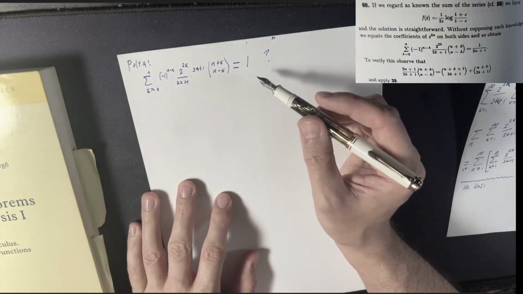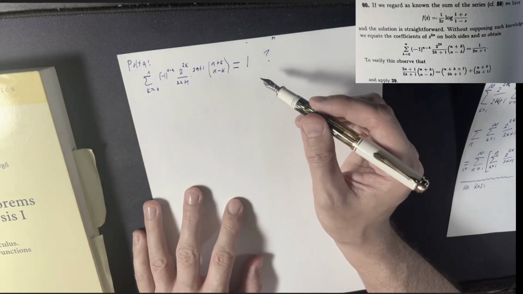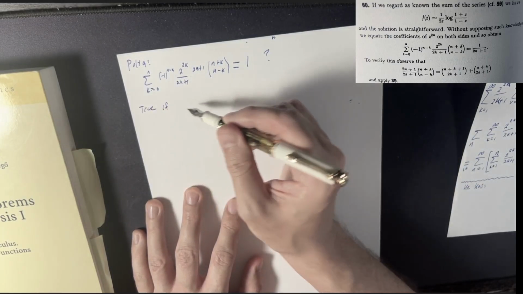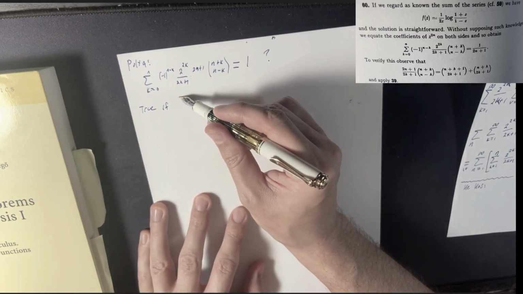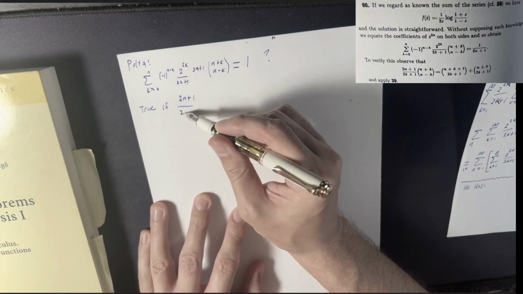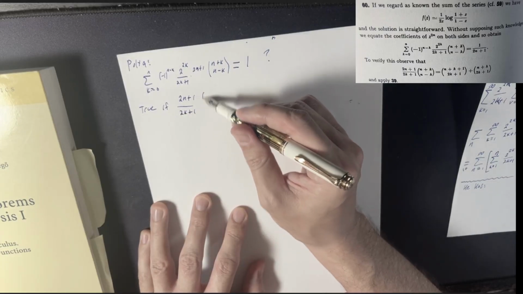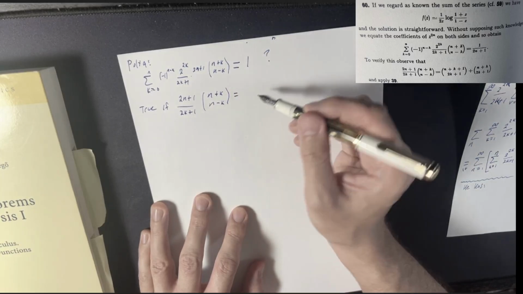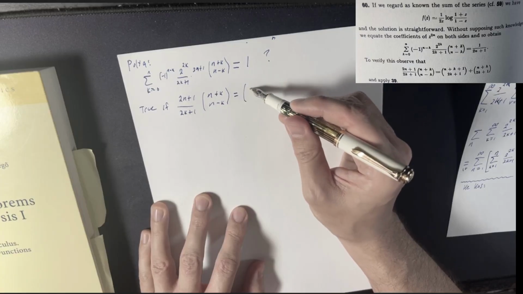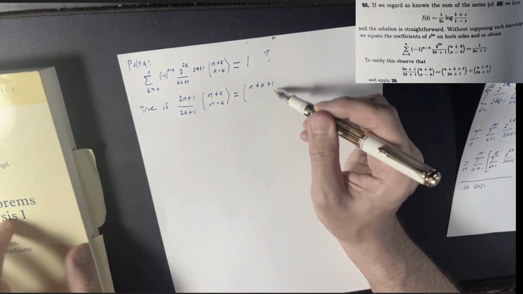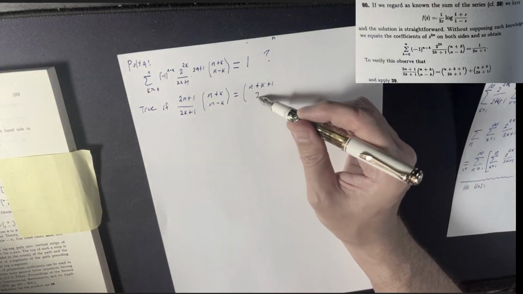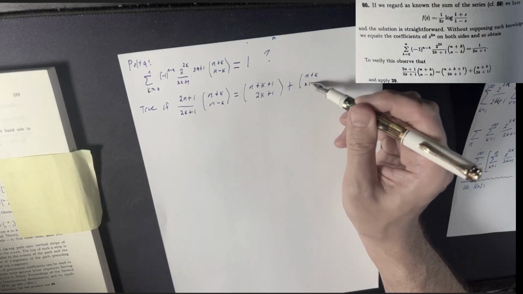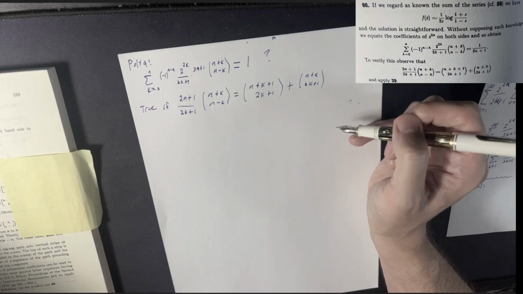Well, it's true if the third line happens there. If 2n plus 1 over 2k plus 1 of this is equal to n plus k plus 1 over 2k plus 1, plus n plus k over 2k plus 1.